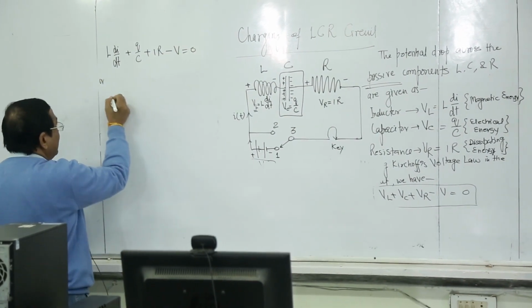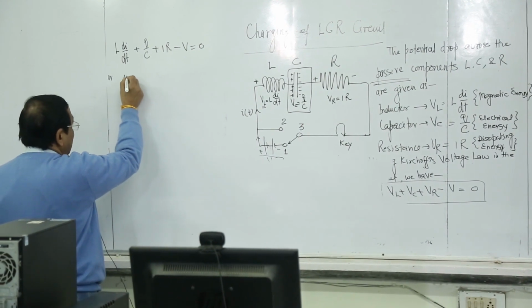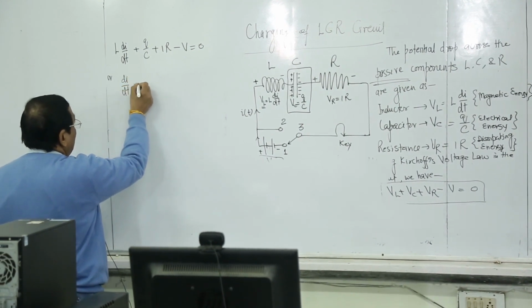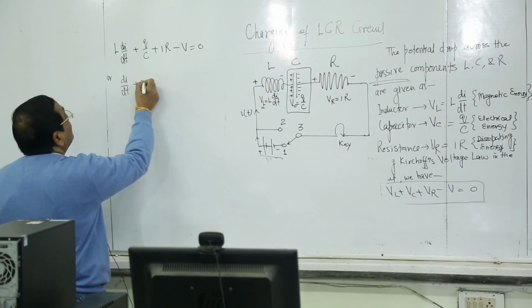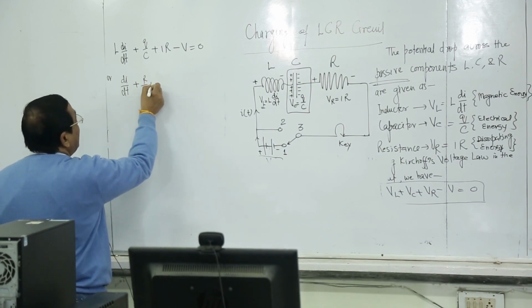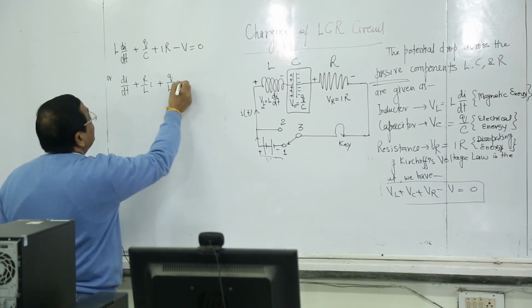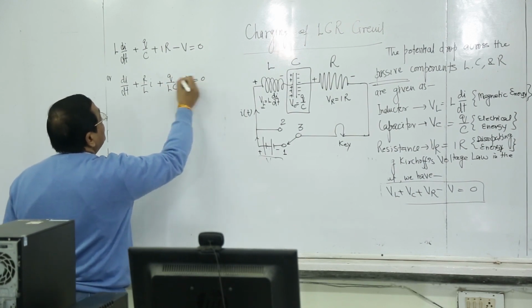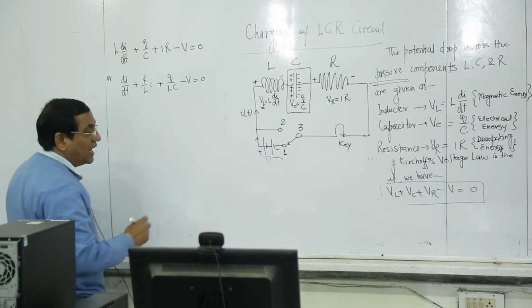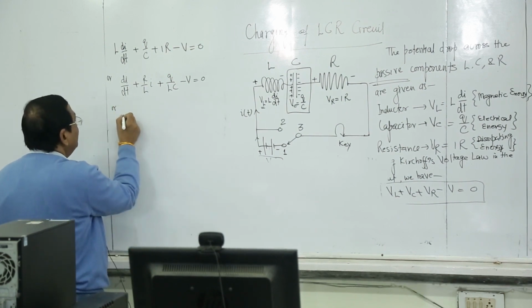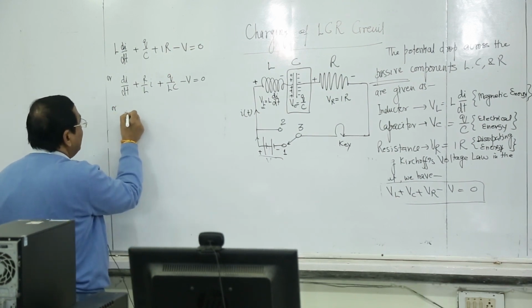This equation can be written as di by dt plus R by L I plus Q by LC minus V is equal to 0.